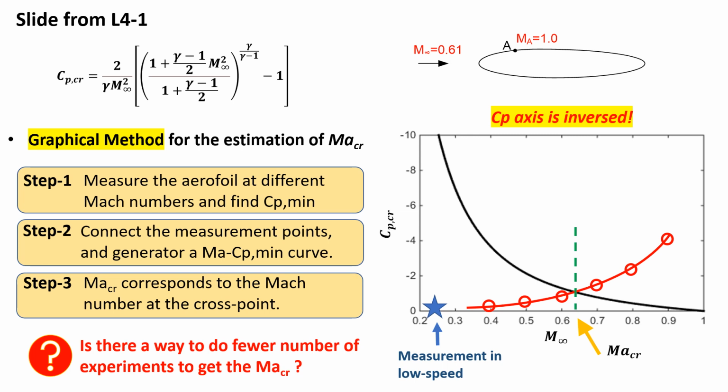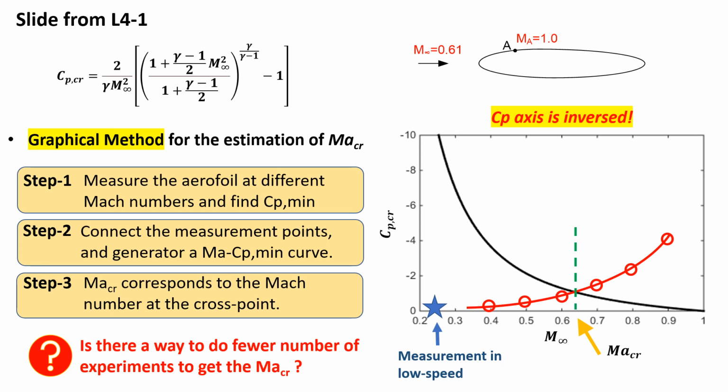What we did is multiple high-speed measurements, then find the CP minimum and get such connections of the measurement points, and then find the cross-section between the two curves, and the cross-sectional point Mach number is the critical Mach number.